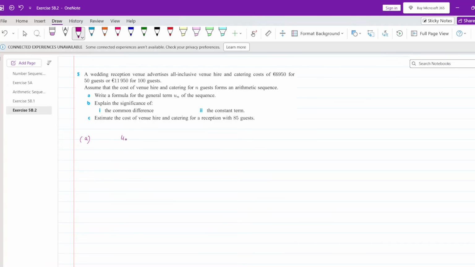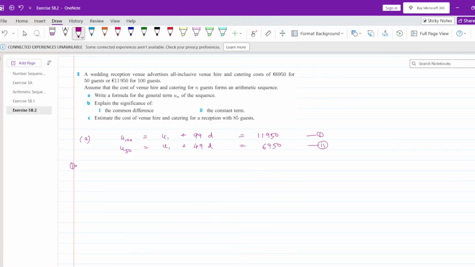So we know u100 is u1 plus 99d and it is equal to 11,950. We also know u50 equals u1 plus 49d and this equals 6950. This is equation 1, this is equation 2.